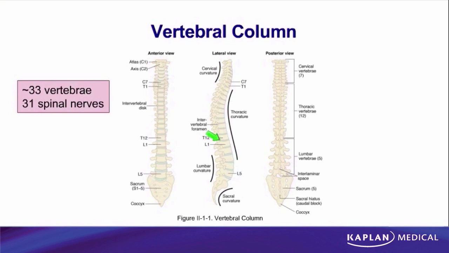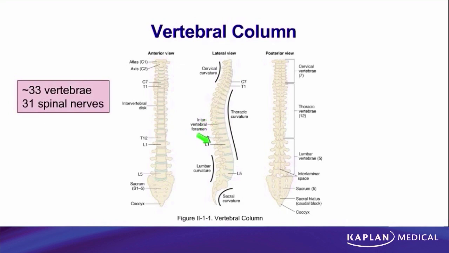So here's the point. Since the spinal cord is inside the vertebral column, and since the spinal cord has spinal nerves that are emerging from the vertebral column and have to get to places outside the vertebral column to innervate them, there has to be a way for these spinal nerves to get from inside the column to outside the column.